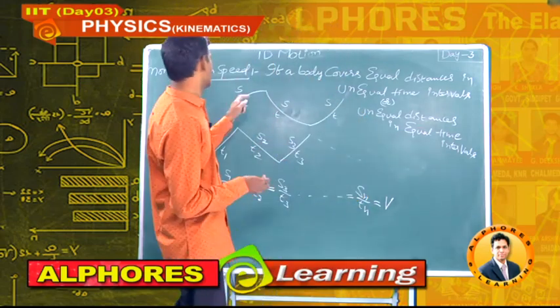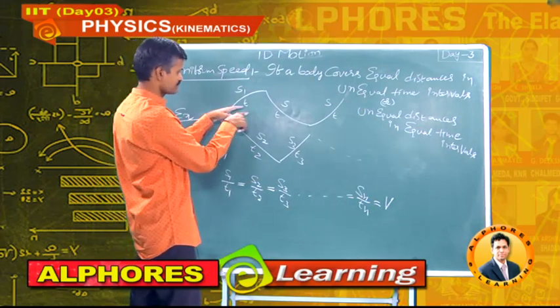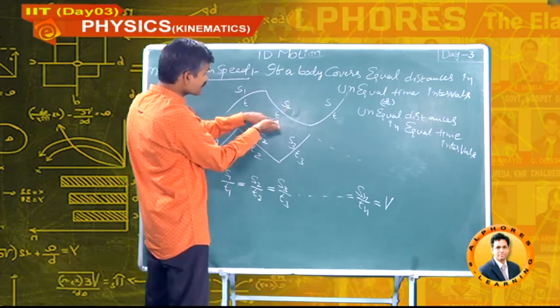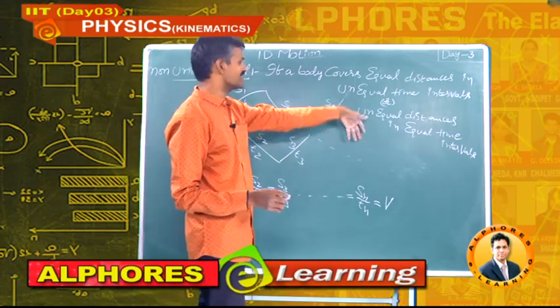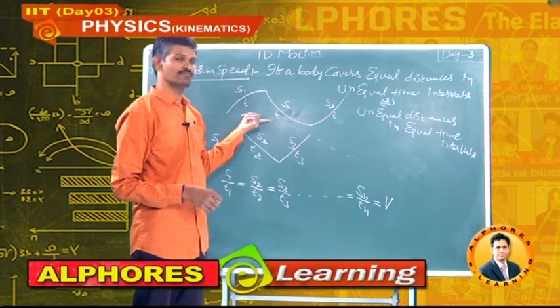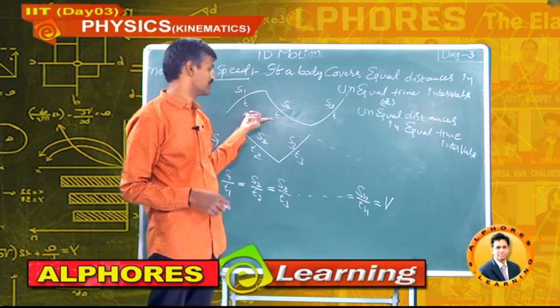Suppose a body travels some S1 distance in T time, S2 distance in the same T time, S3 distance in the same T time. If a journey continued like this, then that case is treated as non-uniform speed.